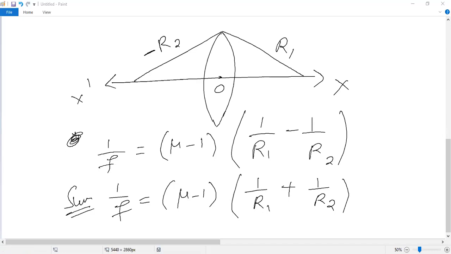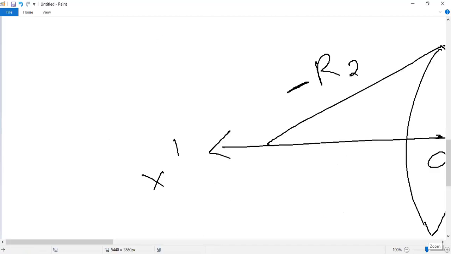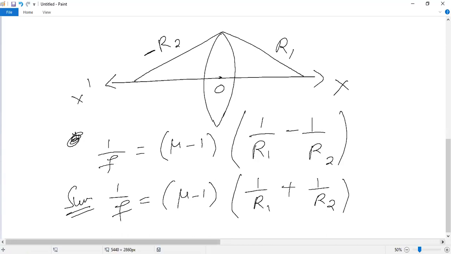The same lens maker formula is applicable for concave lenses also. That one I will draw in the next diagram.